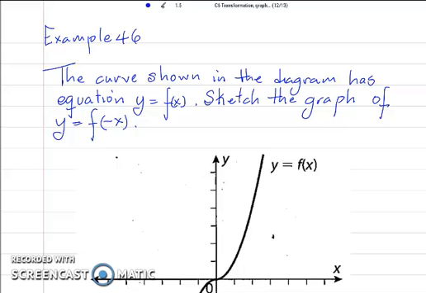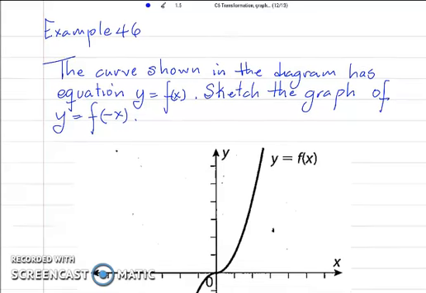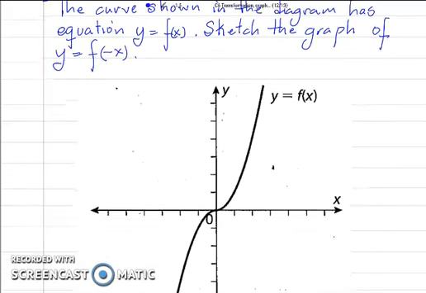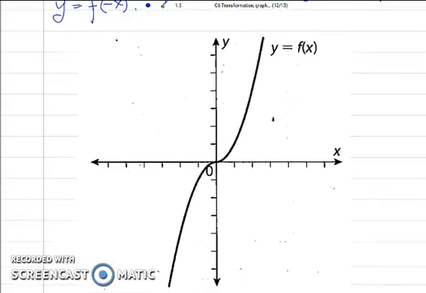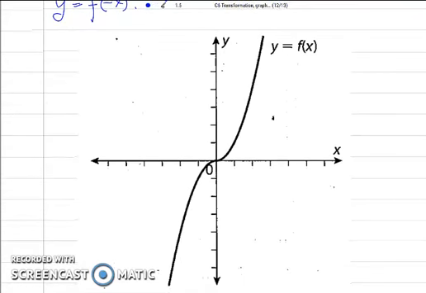Now, example 46 says the curve shown in the diagram has equation y is equal to f of x. We're to sketch the graph of y is equal to f of minus x. So, of course, we know by now that to get the graph of y is equal to f of minus x from y is equal to f of x, we must reflect y is equal to f of x in the y-axis.